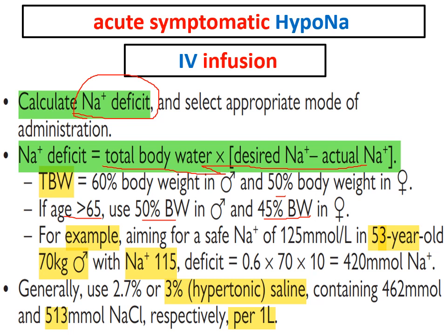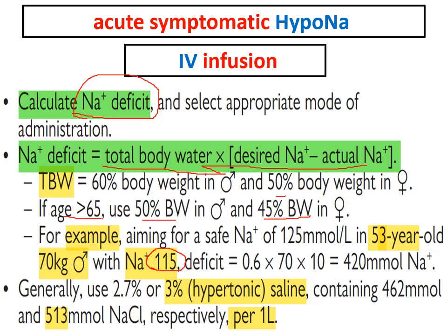Here, this is the desired sodium. The desired sodium will be calculated from the actual sodium. So if the actual sodium of the patient is 115, the desired sodium should be 10 more.